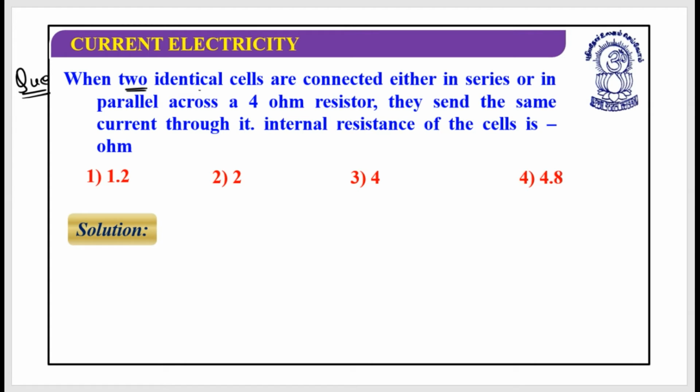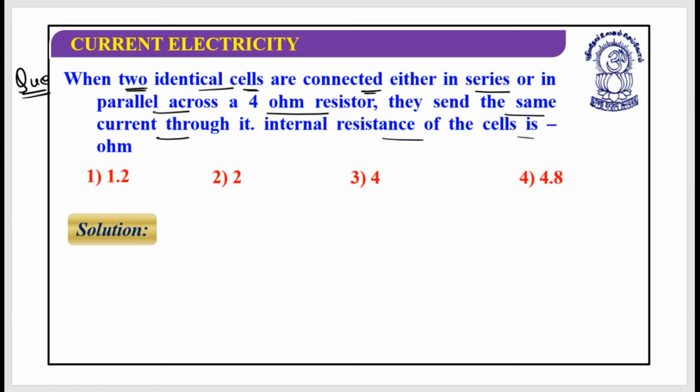When they say identical, that means their EMF is the same as well as their internal resistances are the same. So when two identical cells are connected either in series or in parallel across a 4 ohm resistance, they send the same current through it. Internal resistance of the cell is required.